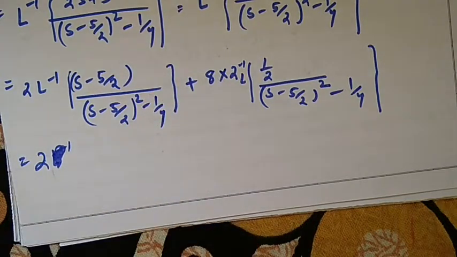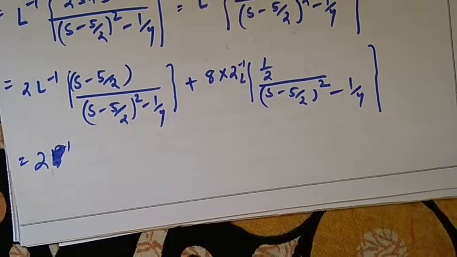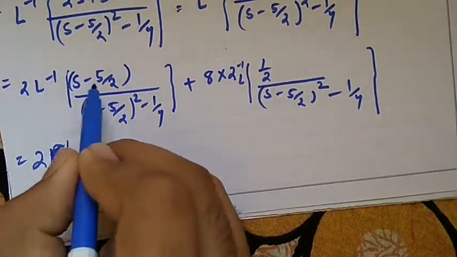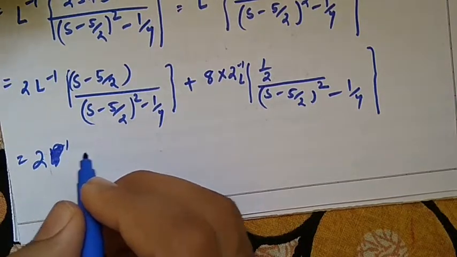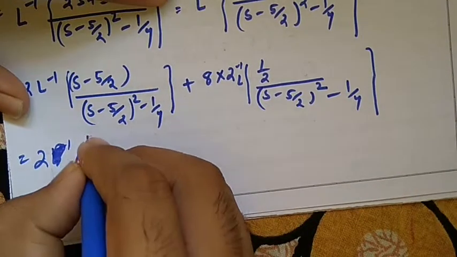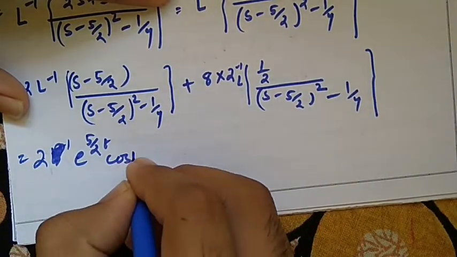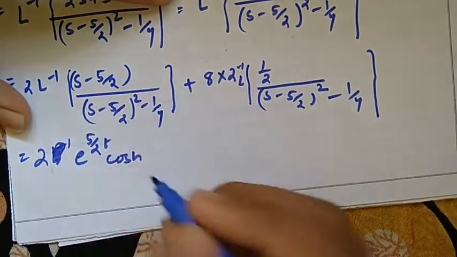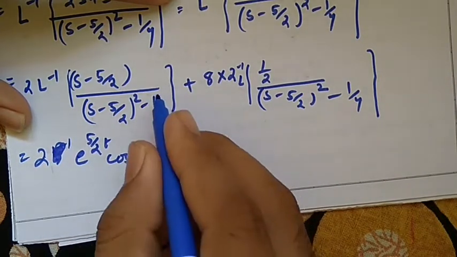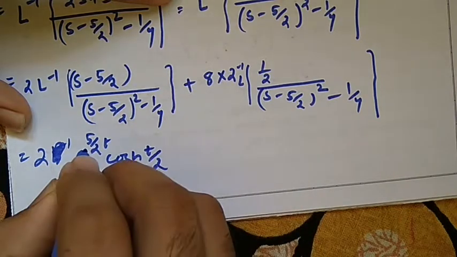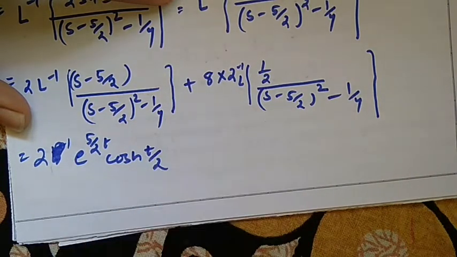You remember the formula of cosh: the Laplace transform of cosh at is s by s square minus a square, and by the first shifting theorem, with the shift of 5 by 2, our answer will be e to the power 5 by 2 t times cosh, where a is 1 by 2, since (1 by 2) whole square is 1 by 4, so cosh of t by 2.